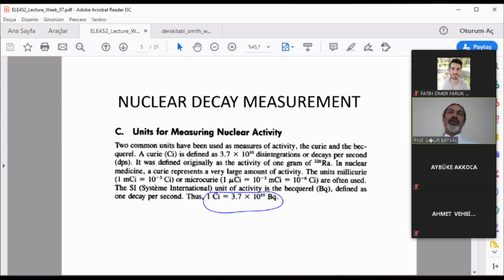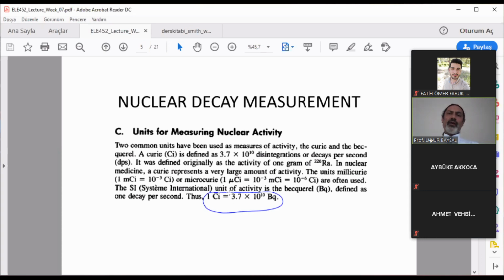That means a pharmacological molecule has some kind of radioactive element bound to it, and that element is emitting gamma rays or producing positrons as time passes. So, the unit of decay is 1 Curie. If 1 nucleus decays per second, usually that's a very low quantity.